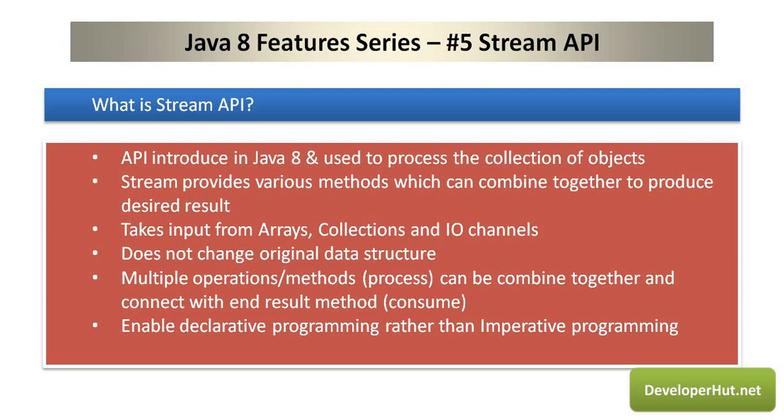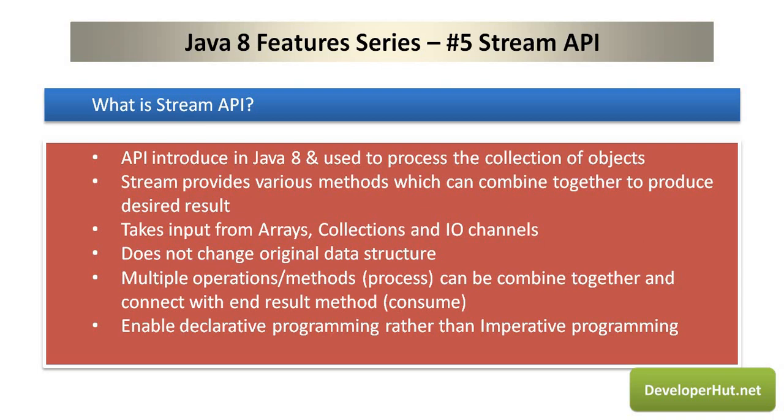Streams API has a lot of methods which you can combine together and achieve whatever result you want, right? It is also very handy in taking input and converting it to streams. It takes input from arrays and collections as well as from file IO, so you can convert all these objects very easily to streams.